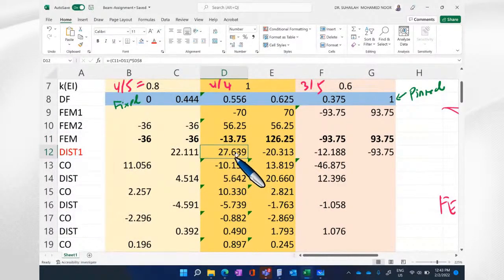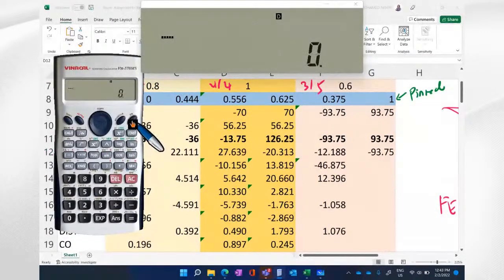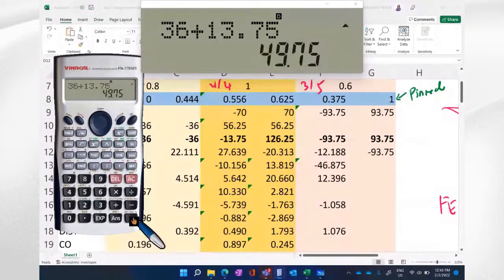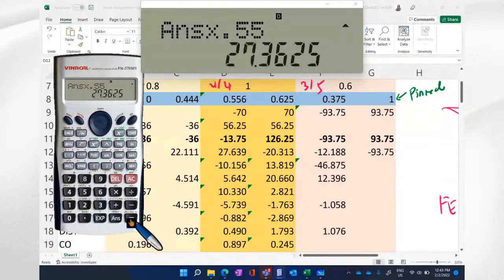So we check for the second value. It is positive 36 because we want the joint moment, which is opposite with the member end moment. It is 36 plus 13.75, times with 0.556.